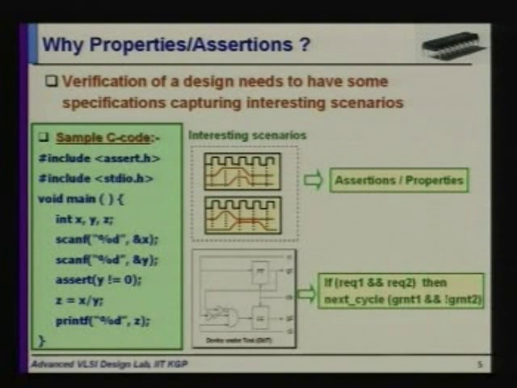So it is not actually a boolean formula. It spans over time. Request 1 and request 2 are on in this cycle, and in the next cycle grant 1 will be on, grant 2 will not be on. In each time step it's boolean, but over the time span it's a sequence. These specifications we capture by assertions.